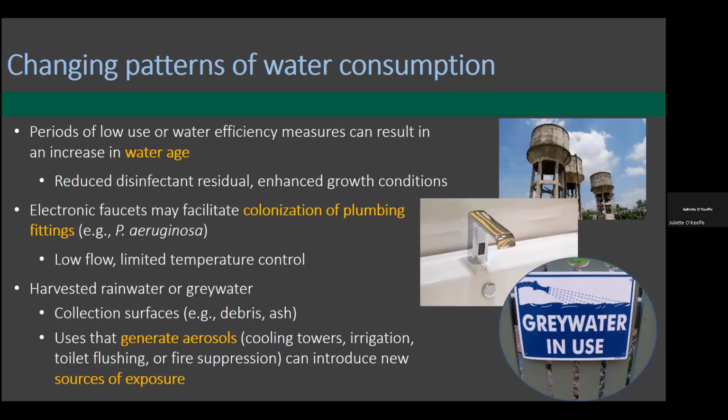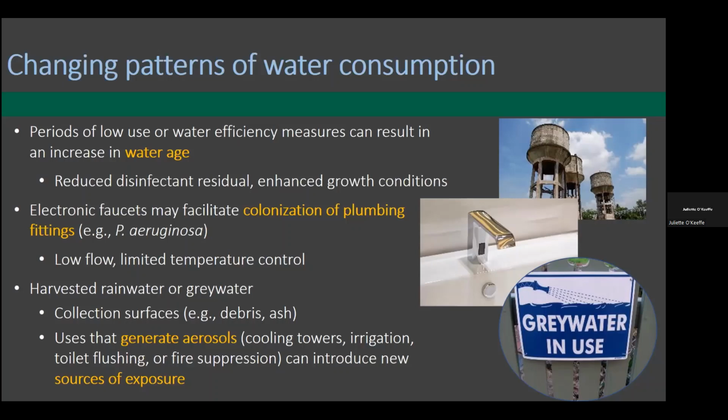In harvested rainwater or gray water systems, we know that these systems can be sources of opportunistic pathogen growth if they're not managed well. Collection surfaces, especially following a wildfire where there could be debris or ash on those rainwater collection surfaces, that material comes into the collected rainwater and provides a source of nutrients and turbidity, making it harder to treat.